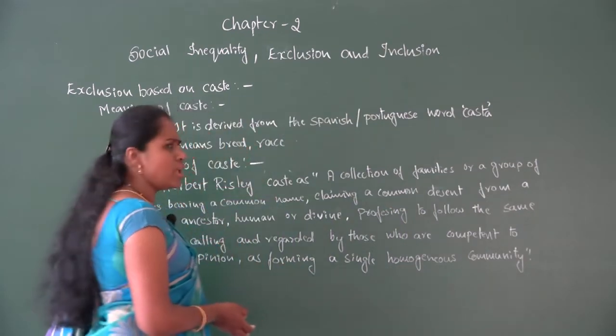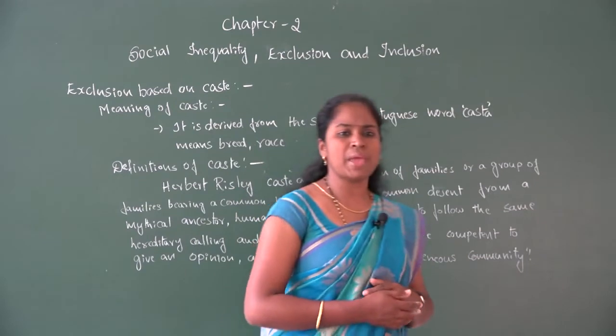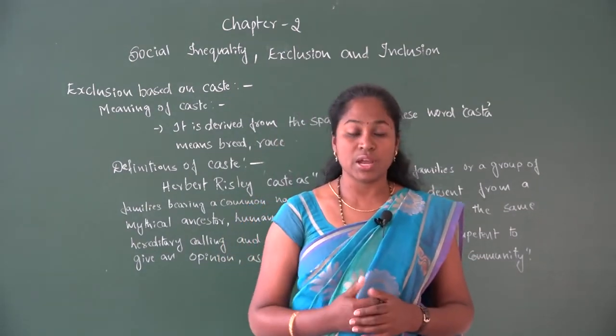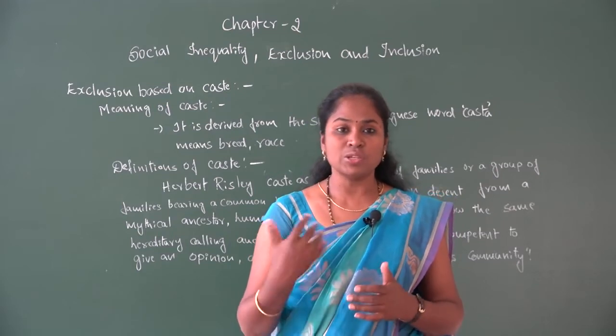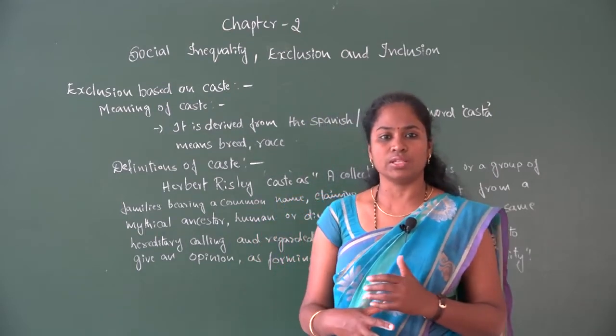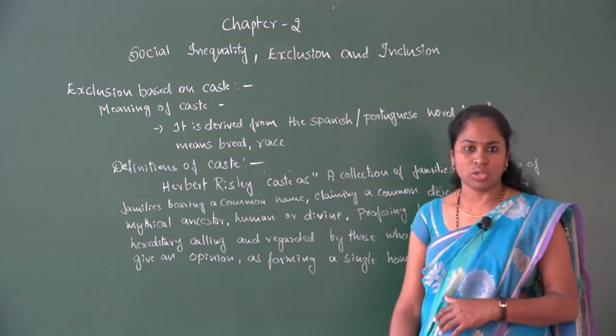Then next we'll move on to definitions of caste. There are many people who have defined the caste system in different ways, depending on their studies and their views. First we'll take Herbert Risley's definition.